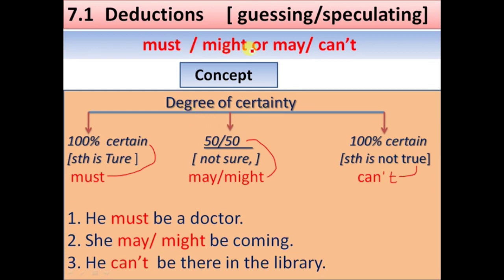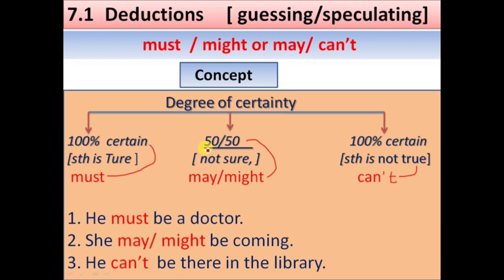See again. These modal verbs show degree of certainty. Must shows that something is 100% sure to happen, or you are 100% certain that something is true. To express such, you have to use must.